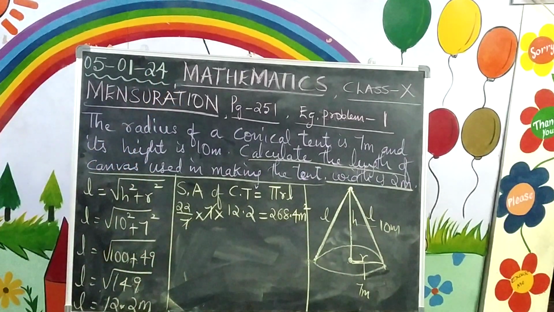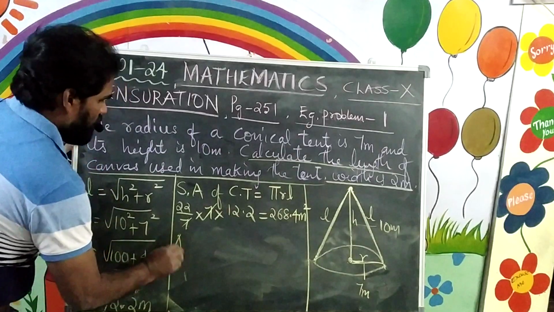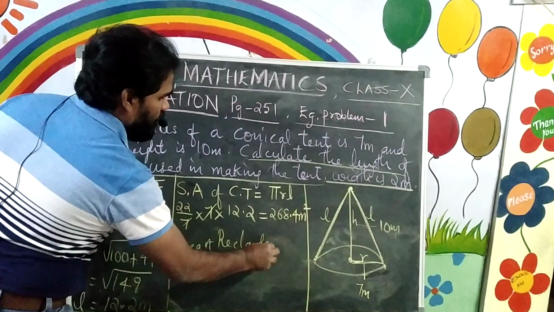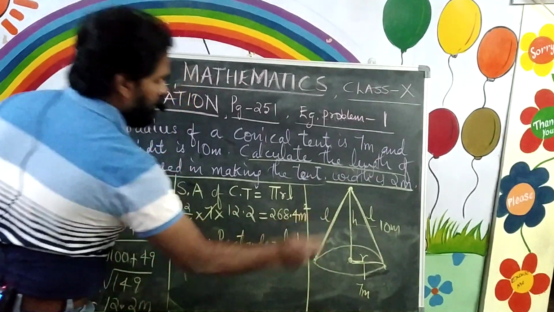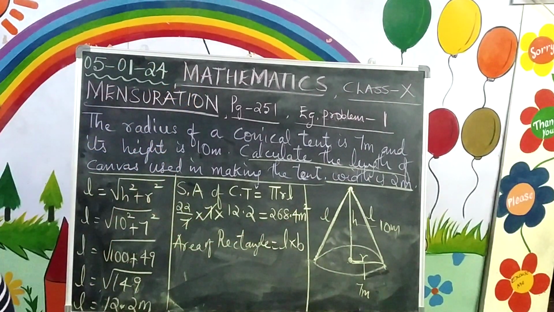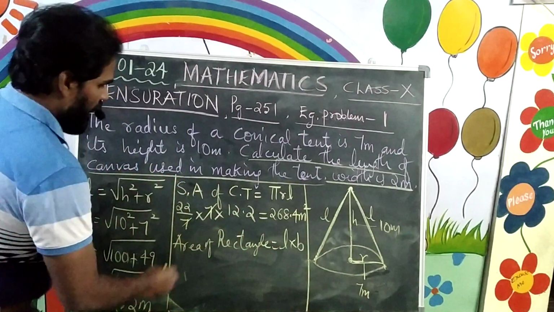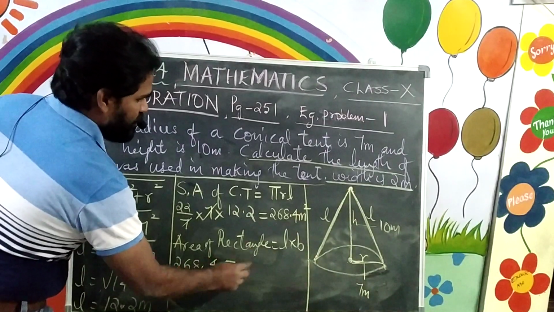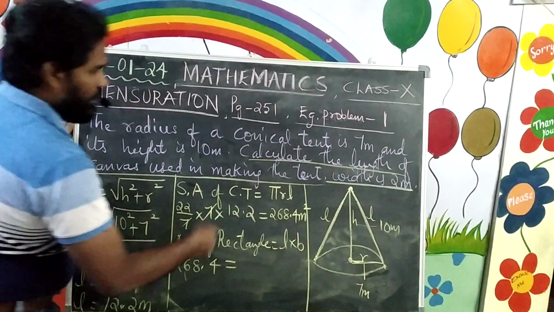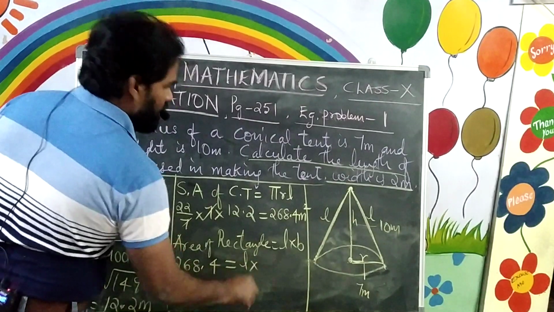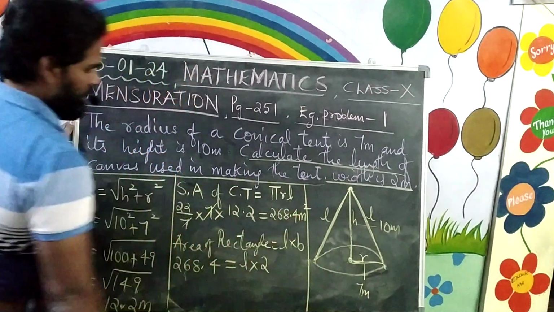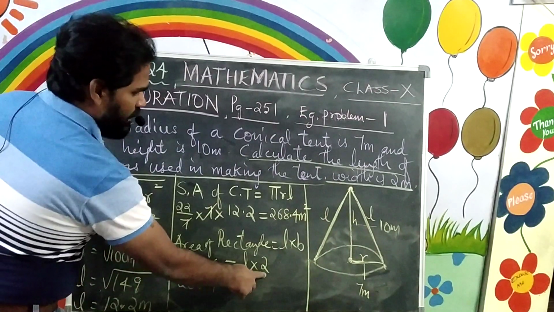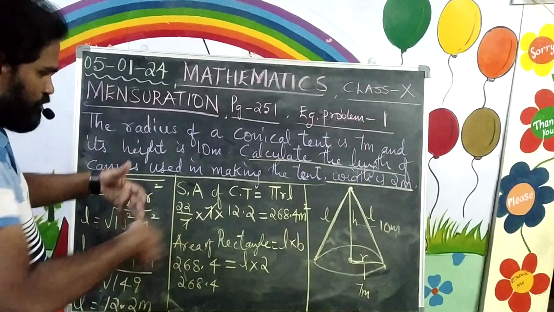Observe very carefully. We know the area of a rectangle. The formula of area of a rectangle is length into breadth, or else length into width, in other words. Area is what we have here as 268.4, which is equal to length. Length we are supposed to find out, so write length as it is, and width we have as 2 meters. Now 268.4 as it is, this multiplication by 2 we have on the right side, take it to the left side.